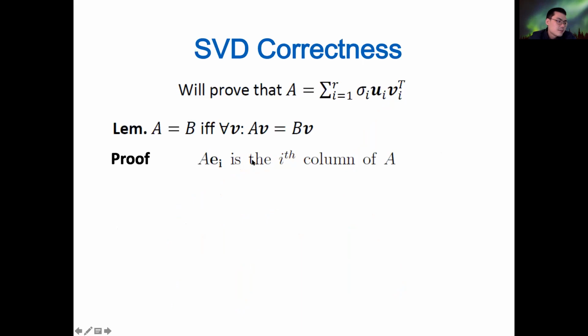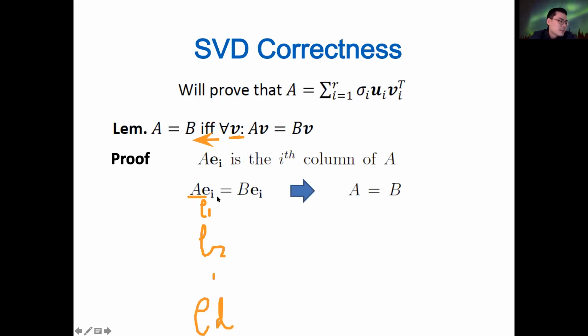Now, if you have this conclusion, then you can prove the other direction. The answer is very simple. You told me that it can be any V. It can be E_1, it can be E_2, it can be E_D, since we have D dimensions. So what does this mean? This means the first column of A is the same as the first column of B. If you put E_2, the second column of A is equal to the second column of B, and all the way to D dimensions.